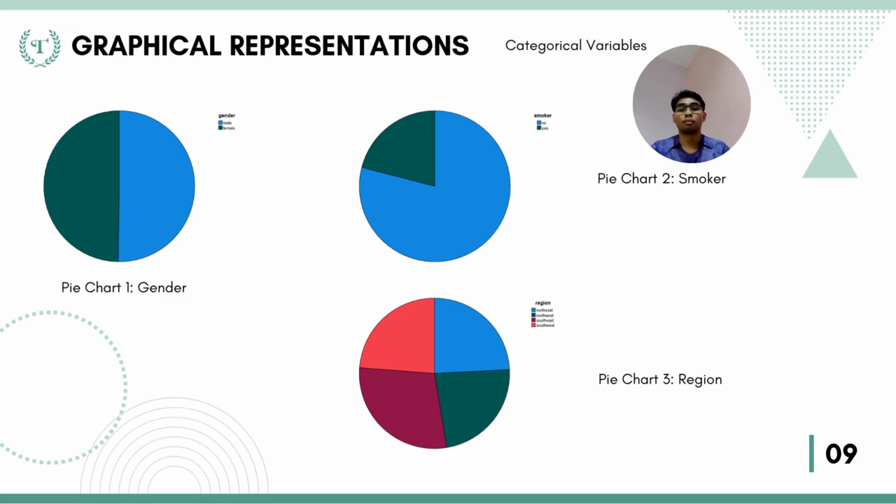To make these patterns easy to see, we use pie charts for categorical distributions and histograms for continuous variables such as age, BMI, and insurance charges. Now for this slide, these pie charts clearly show the relative proportions.